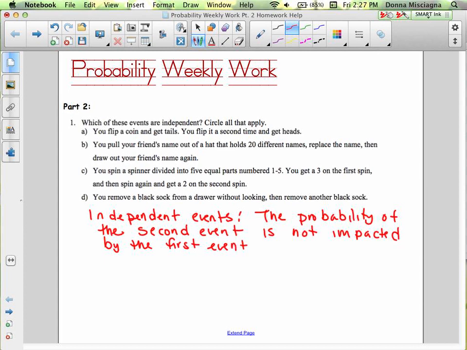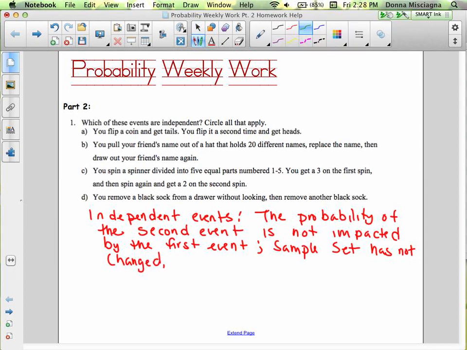In other words, the sample set hasn't changed. You have the exact same number of chances, exact same number of total outcomes, exact same number of favorable. So the sample set has not changed. If that's the case, the events are independent.